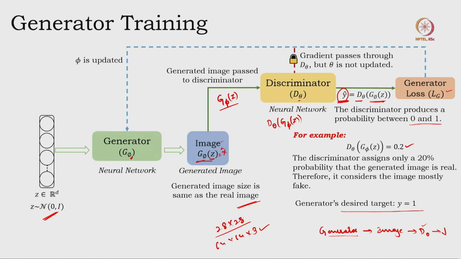It has to improve and provide more realistic images. If it has to improve, its ground truth should always be 1. If the ground truth is 1, and initially it is giving a probability of 0.2, when you compare it with the ground truth 1, the loss is too much.